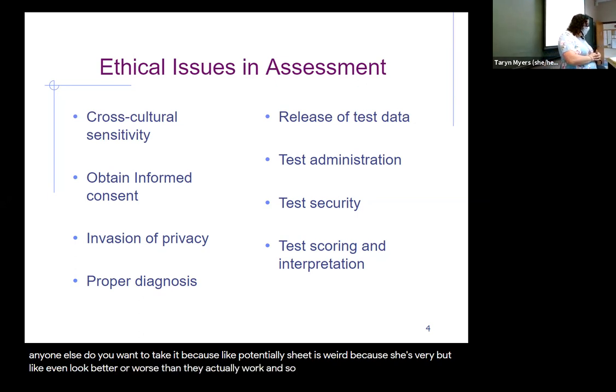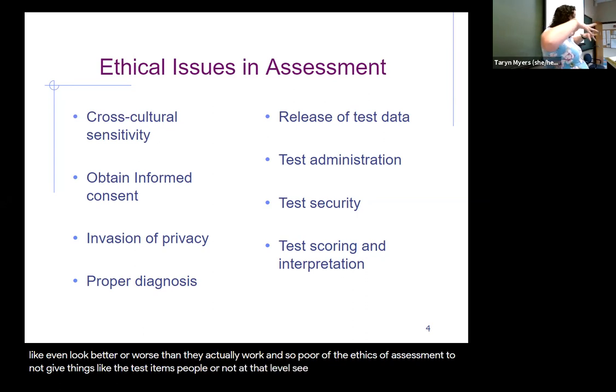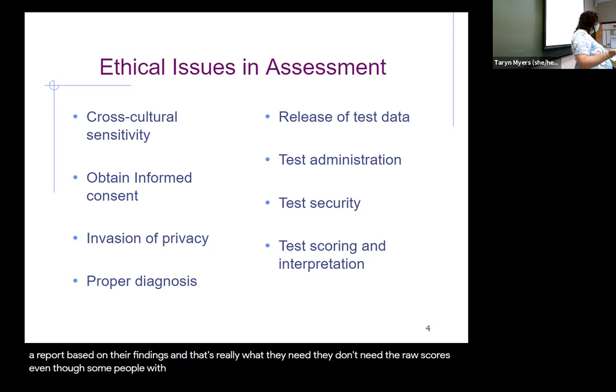And so it's part of the ethics of assessment to not give things like the test items to people who are not at the level C or whatever. But you give them a report based on their findings, and that's really what they need. They don't need the raw scores, even though some people will try to tell you they do.